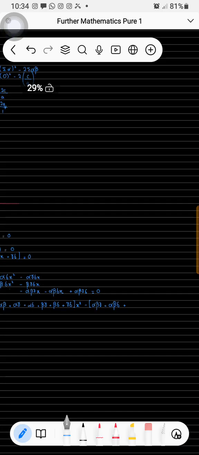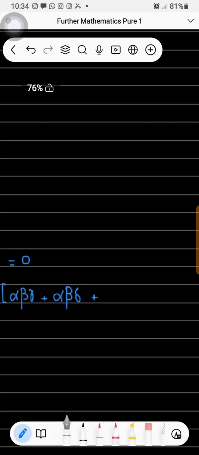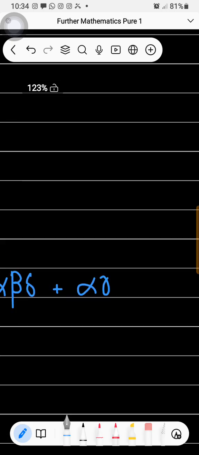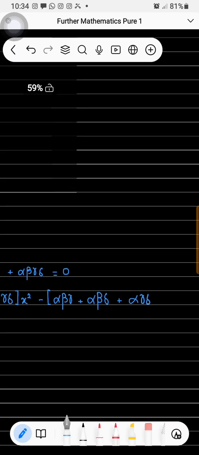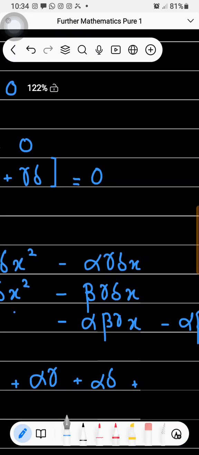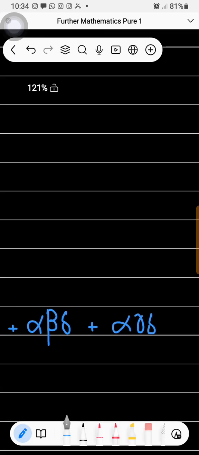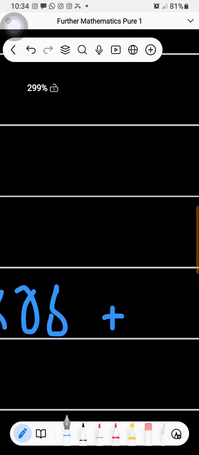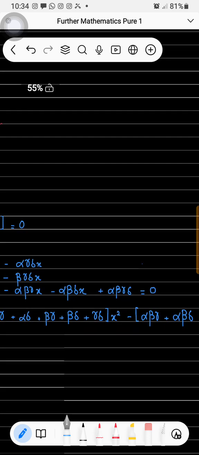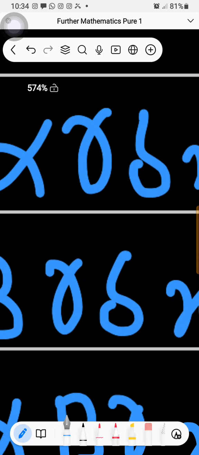Then I will write alpha gamma delta. Where is alpha gamma delta? Here is alpha gamma delta. And in the end, I will write beta gamma delta. So here is beta gamma delta.